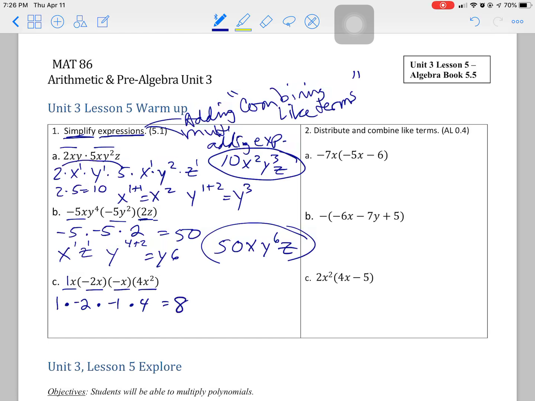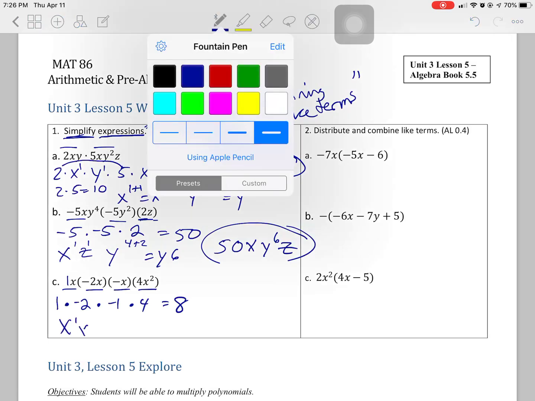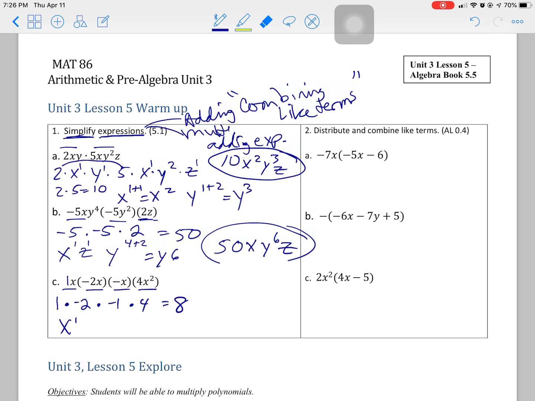And then we have an x to the 1 plus 1 plus 1 plus 1, and then there's a 2 right there. So 8x to the 5th. Okay.